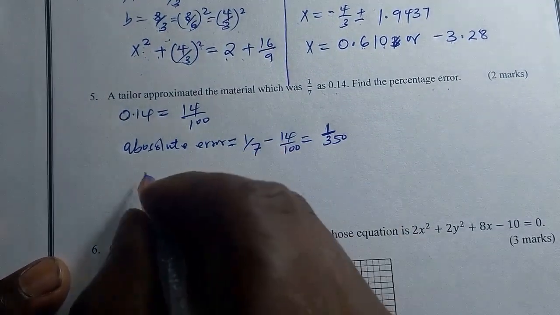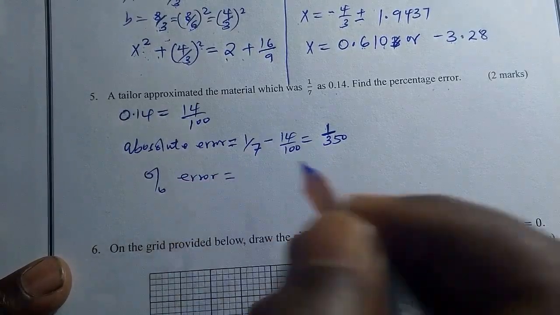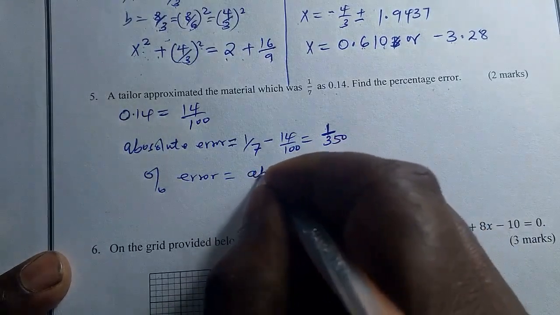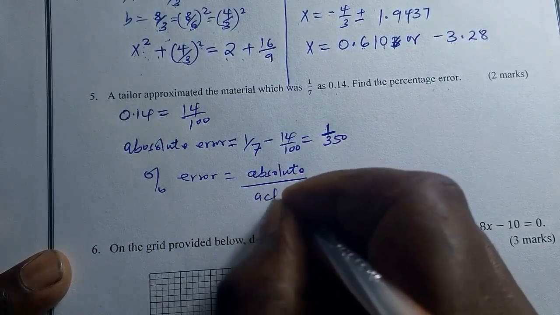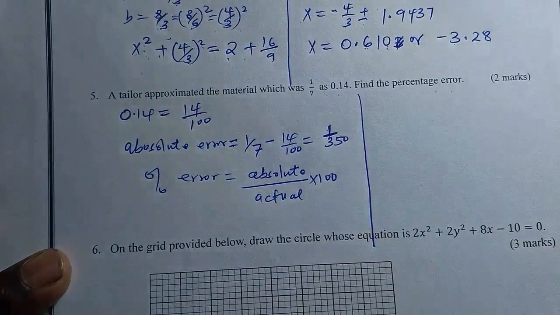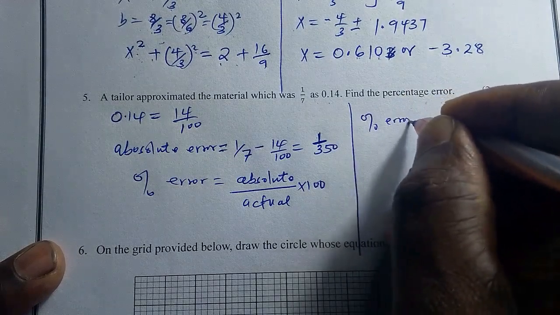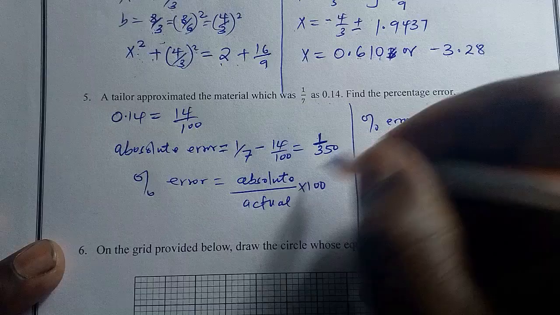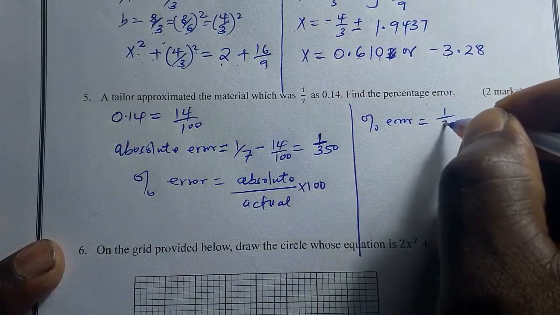But we know that percentage error is equal to absolute error, you divide by the actual, times 100. So our percentage error will be equal to absolute, which is 1/350.